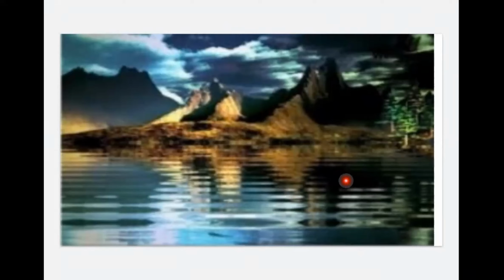The image appears to be distorted. The image is not well defined. So this is the reason why you also call it diffused reflection, because the rays of light that are reflected are not traveling parallel to each other.